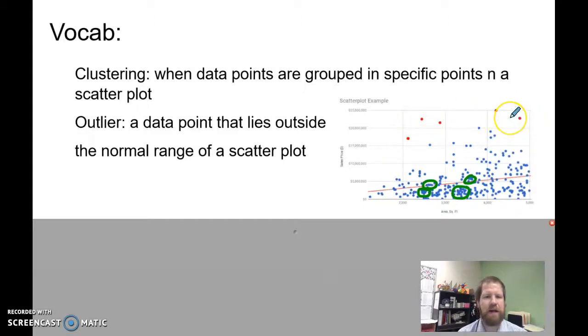And it is sometimes hard to tell what's an outlier and what's just kind of on the edge of where your data is. So you're just going to have to make a gut call sometimes. But if there's a lot more room between your points and the line of best fit than most of your data points, it's probably going to be an outlier.